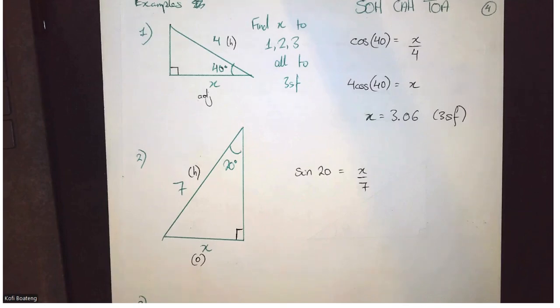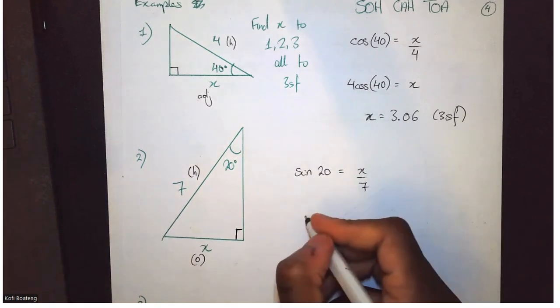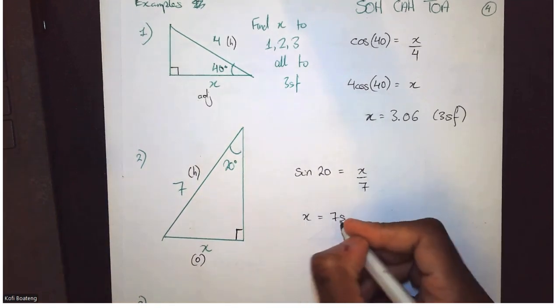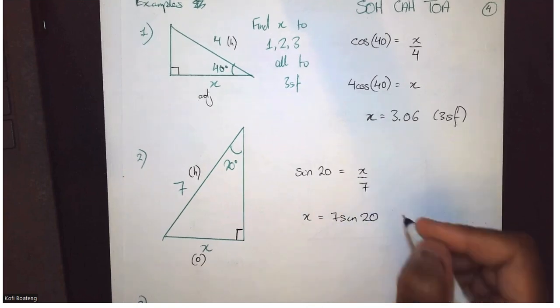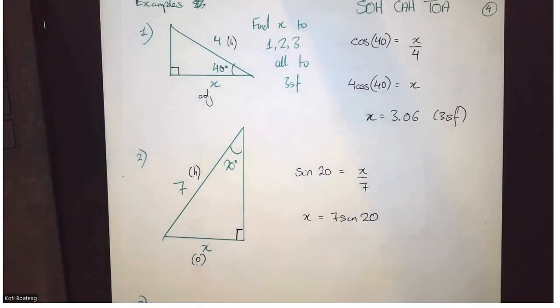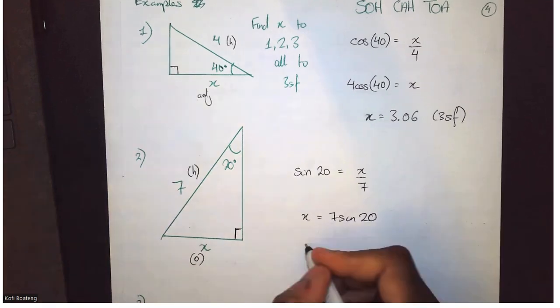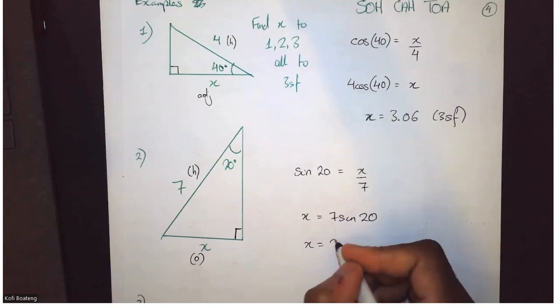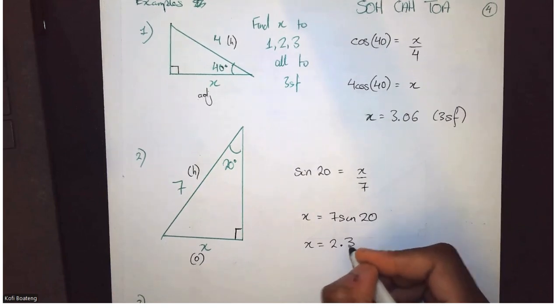And so you end up getting x is equal to 7 sine 20. And if you plug this in on a calculator, 7 sine 20, you end up getting x is equal to 2.39.